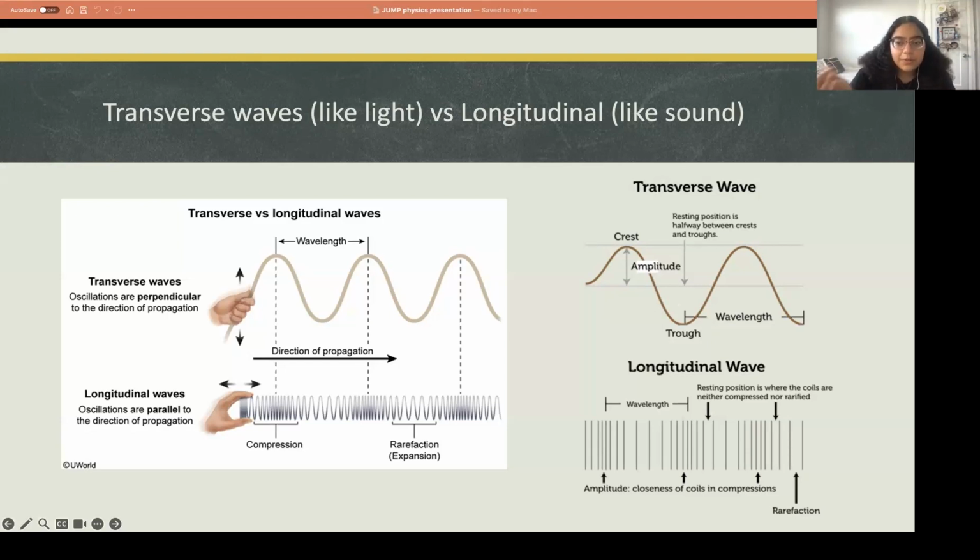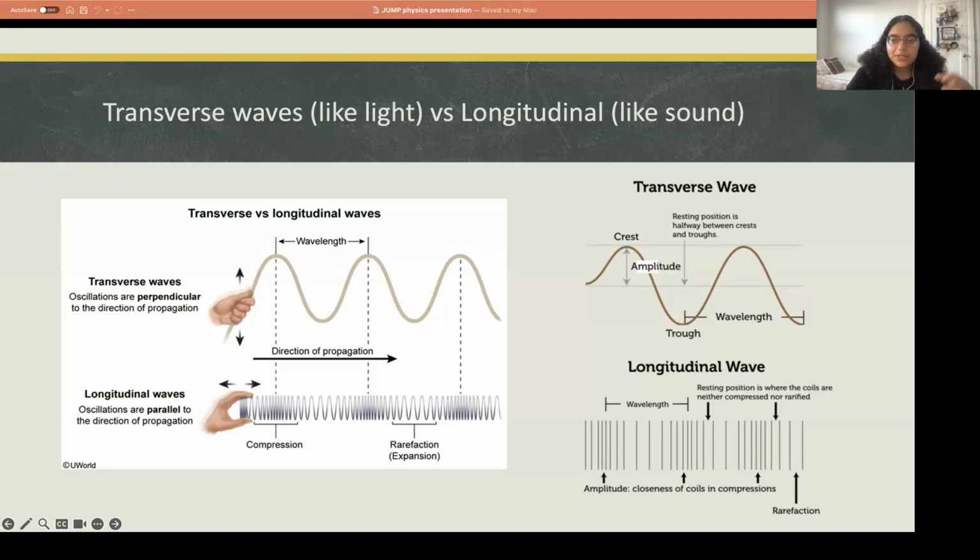For a longitudinal wave, it looks a little different. Amplitude is kind of like how close the coils are together. A rarefaction is where they're more spread out. And wavelength is basically, if you were to take one wavelength and keep copying it, you would get the entire wave.